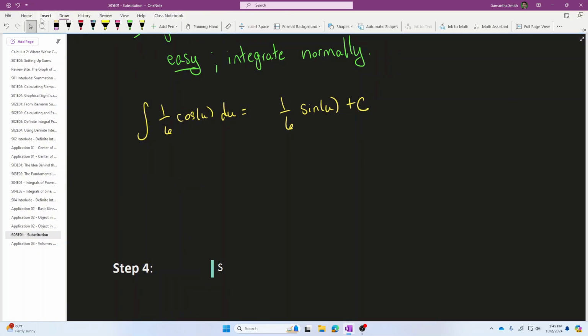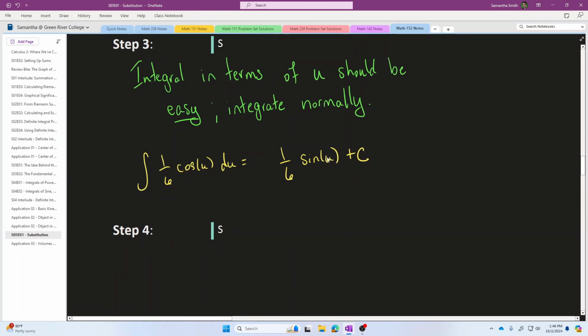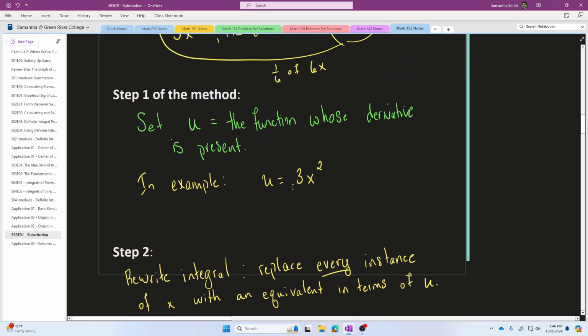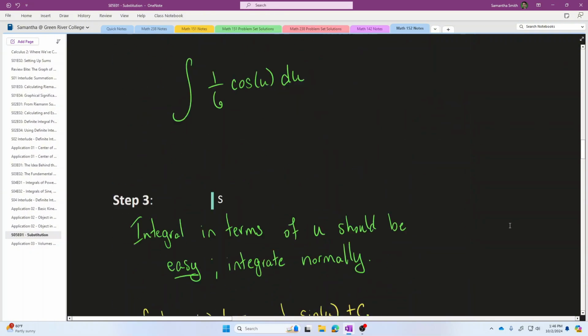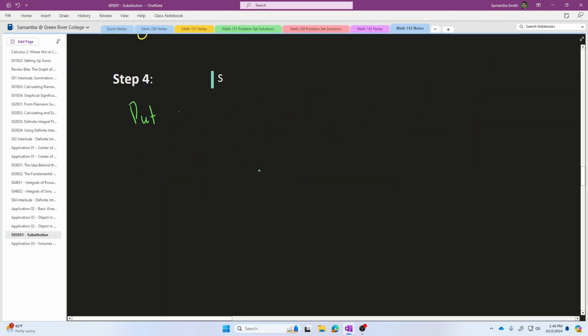To finish this problem, because we're almost done, all we have to do is go back into this antiderivative, and everywhere we see a u, put back the original expression in terms of the original input variable. In this case, put back 3x squared in u's place. So step 4 is to put x back.